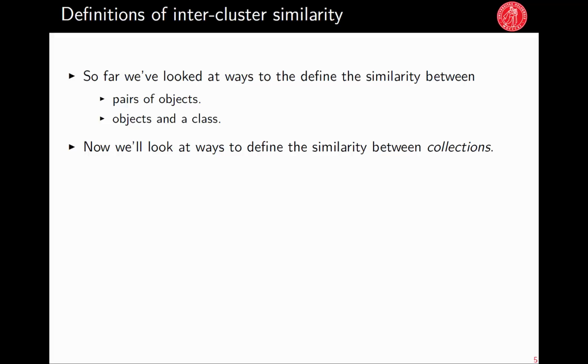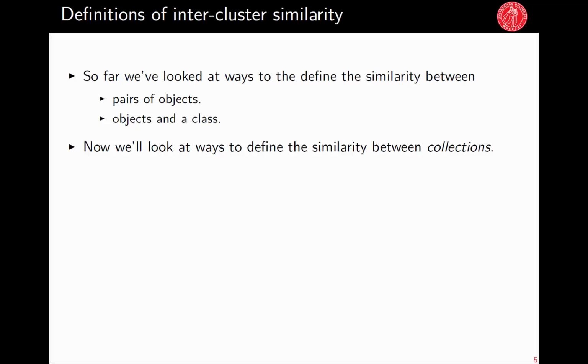So for example, by representing a class as a centroid and then just using the dot product again for computing the distance between an object and a class. What we'll need to do now is to look at ways to define the similarity between two classes. That's something we haven't done yet.